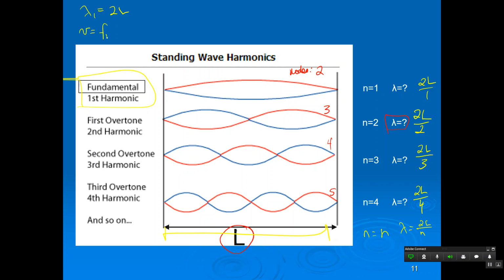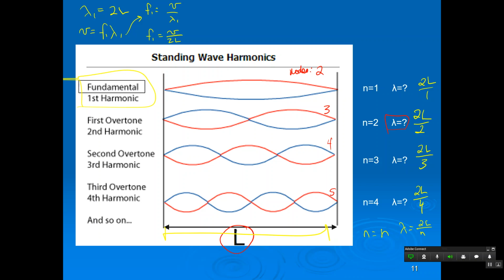The velocity of the wave is equal to the frequency of the first wave multiplied by the wavelength of the first wave, all right? And V doesn't change. Remember, V is only dependent on tension and on mass length density. So it does not depend on the frequency or the lambda in this case. All right, so if I isolate for F1, I can say that F1 is equal to V over lambda 1, right? And we know that lambda 1 is 2L, so F1 is equal to V over 2L.